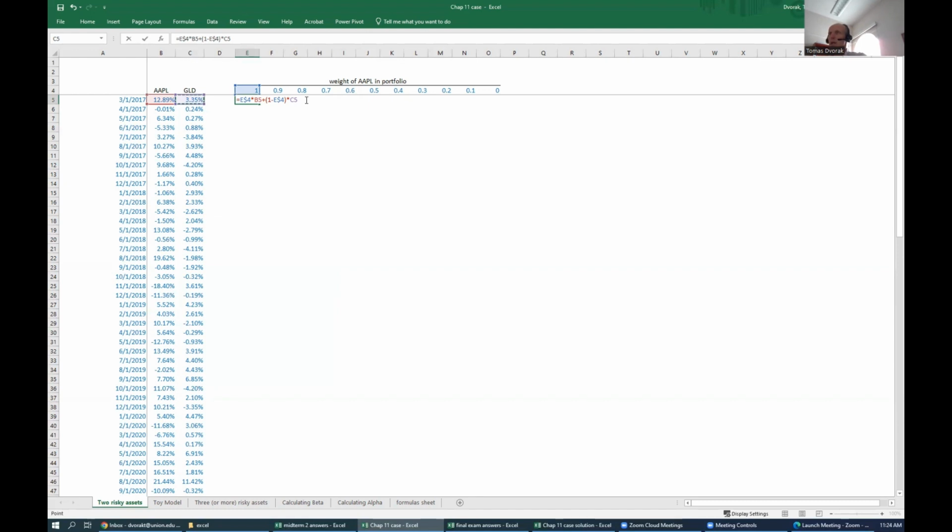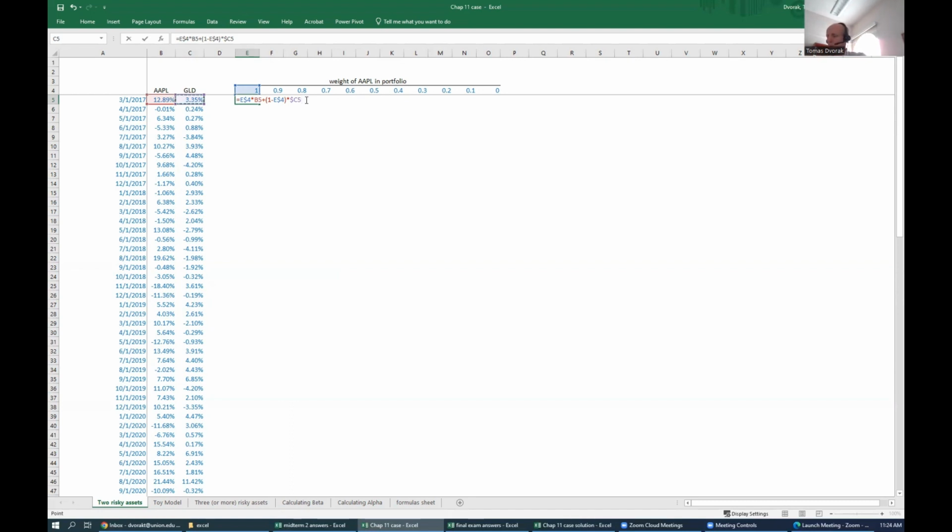If I hit enter here, well, actually, I need to be thinking about locking some of these cells too. When I copy the return on gold across different columns, I want the column to stay the same, so I want to lock in the column. I'm not going to lock in the row, because when I copy that down for different months, I want it to grab a different month.